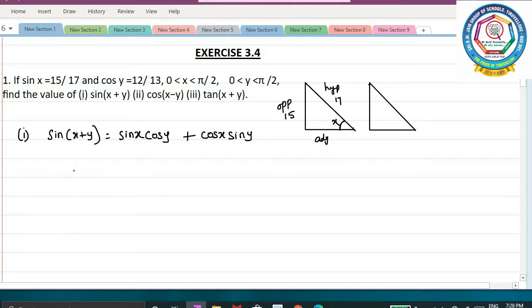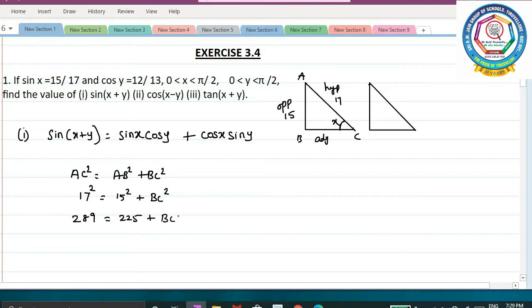So what is the Pythagoras theorem? That is, for triangle ABC, AC square equal to AB square plus BC square. So what is AC square? 17 square equal to AB, which is 15 square, plus BC square, which we don't know. So 17 square is 289, equal to 15 square, which is 225, plus BC square.